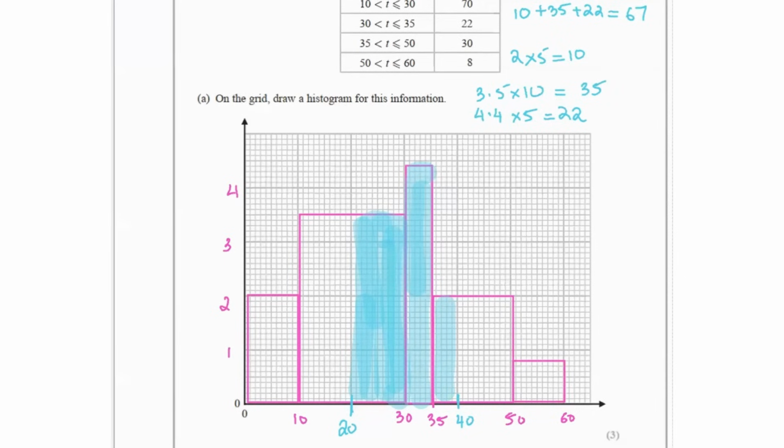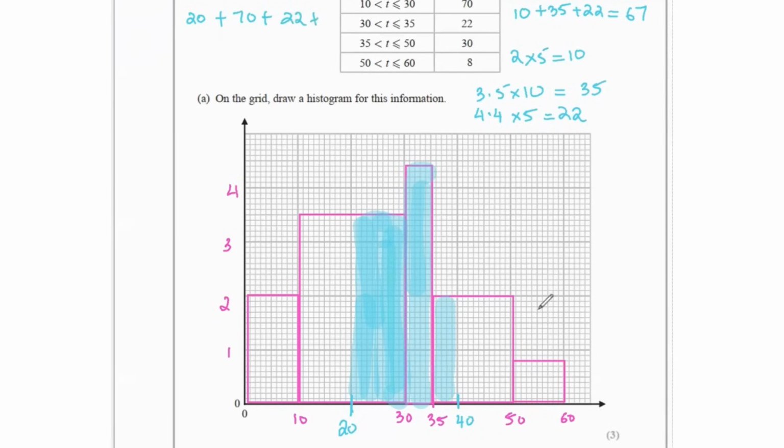So once we have the area of these bars, now we find the area of the entire histogram. So for this, it's going to be 2 times 10, 20, plus 20 times 3.5, that's 70. Then 5 times 4.4, that's 22.